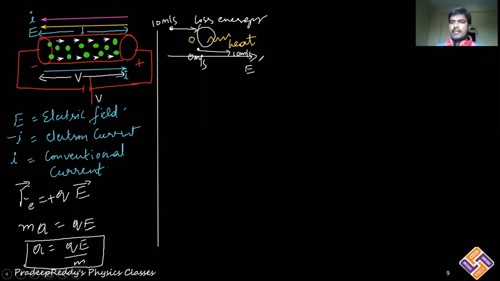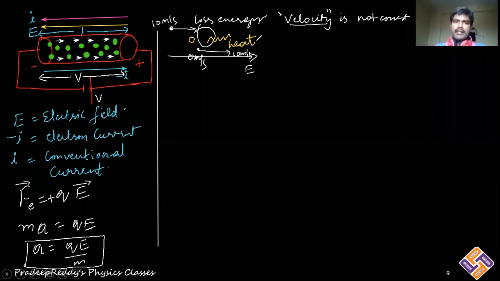Again because of the electric field they forcefully gain acceleration, and again they lose energy. This process continues. So as a result, the acceleration is not constant, right? So the velocity of the charged particle is not constant. Its direction is changing and its magnitude is also changing.